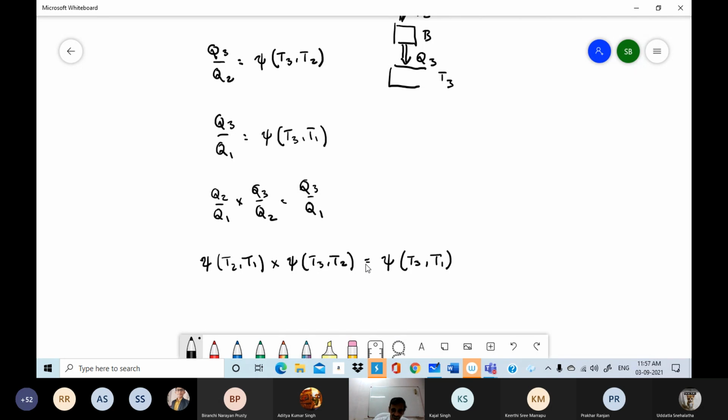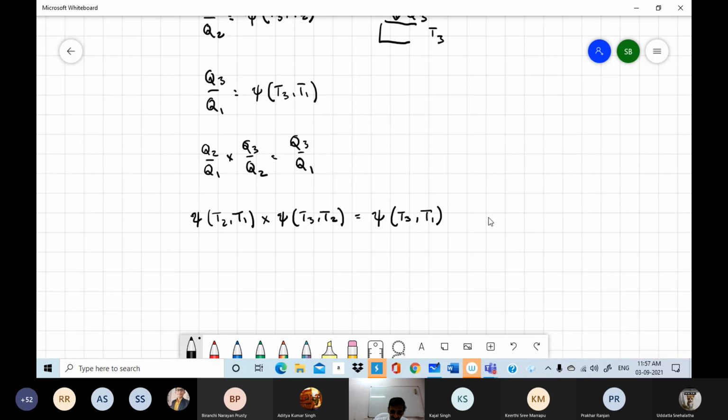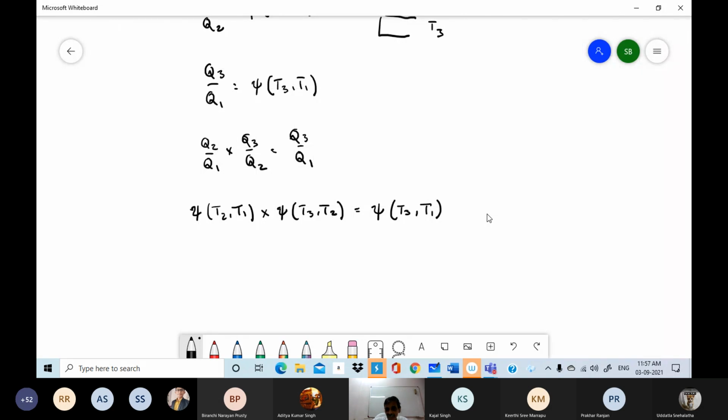Now, the final result, which the book states, we can easily see that it satisfies the property, but it doesn't really provide a proof that that is the only possible way. Now, in order to provide such a proof, you would probably have to look up books on functional equations.